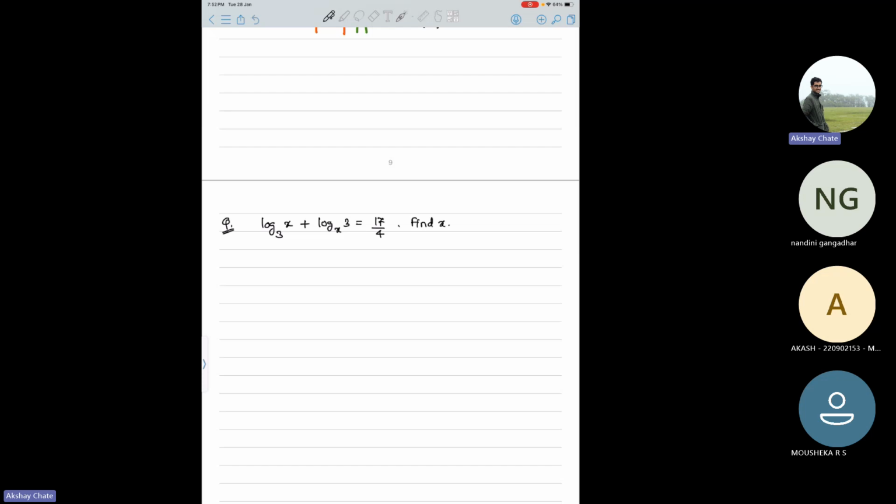Find x. There is one important property of logarithms that you should know.